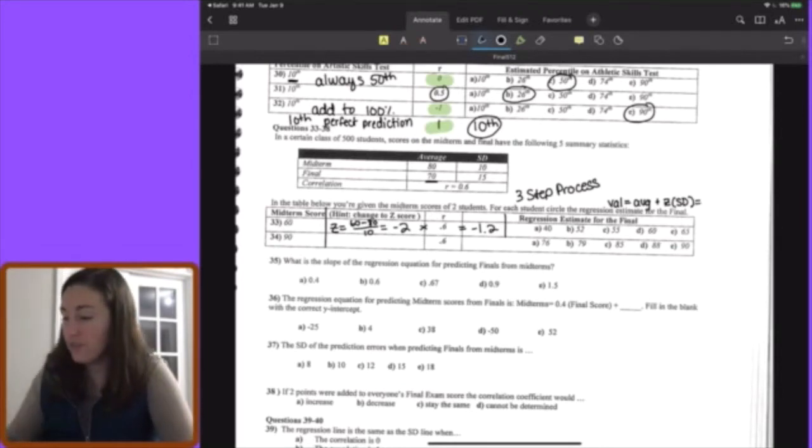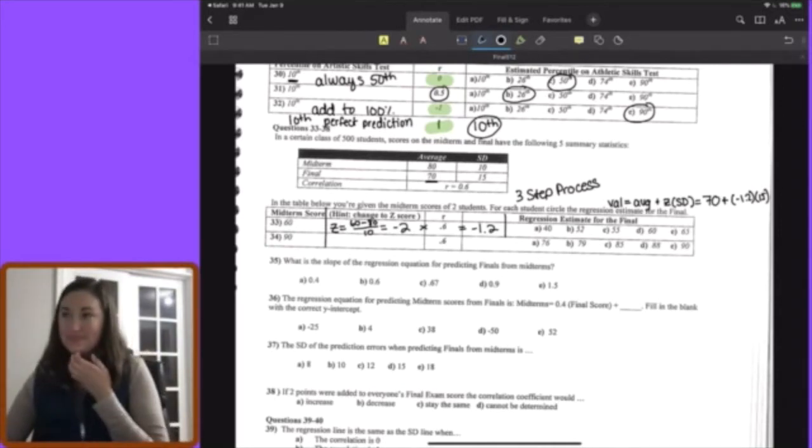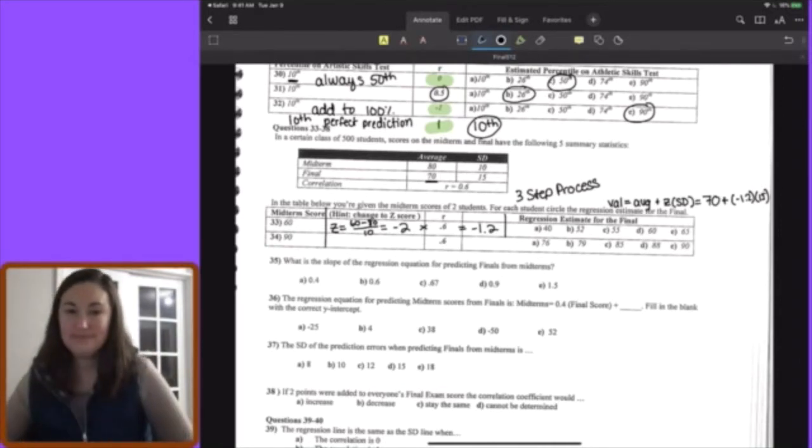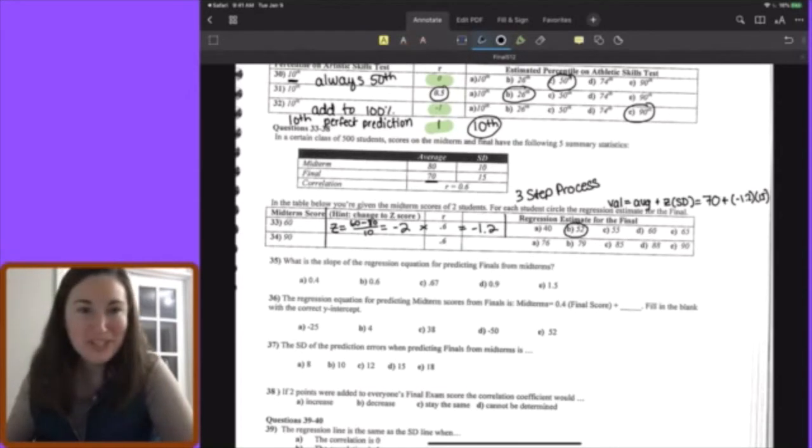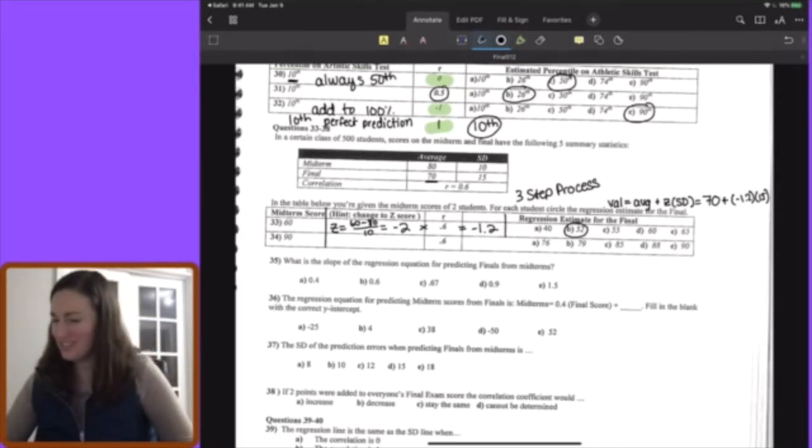The average was 70, not so good, plus the z-score of -1.2 times the SD for the final, which was 15. My answer ends up being 52. Let me double check my math, but I think that's the answer.